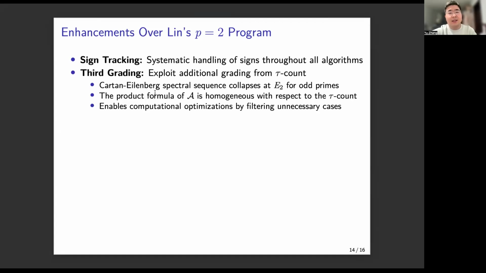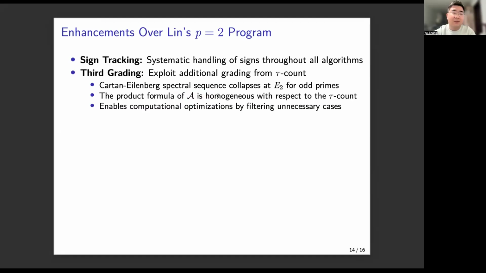From a different perspective, maybe an easier way to see this is that the product formula for the Steenrod algebra A is homogeneous with respect to the tau count. So if you count the number of taus on each side of the product formula, it is preserved. So for the Ext E2 page, we not only have a t grading, the internal degree grading, we also have a tau count grading, counting the number of taus.